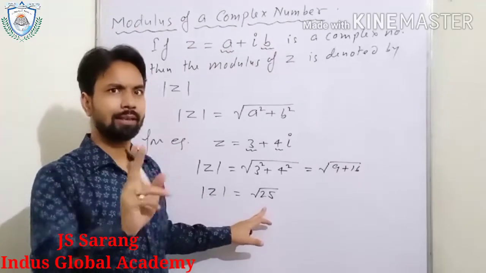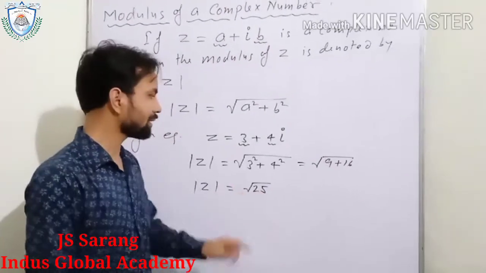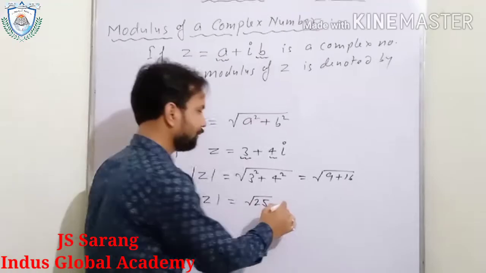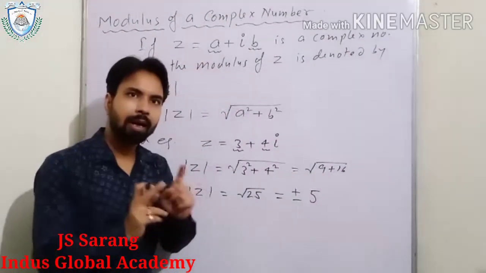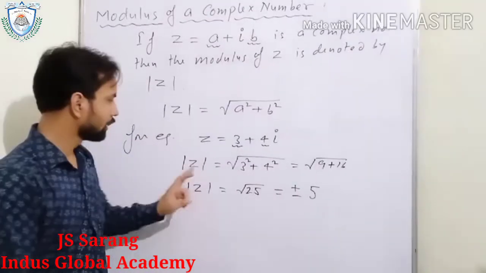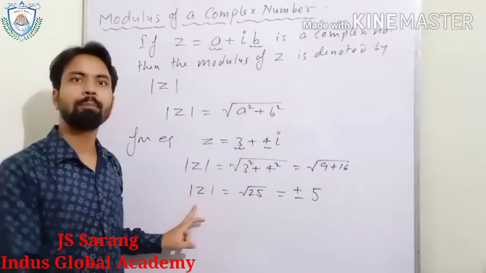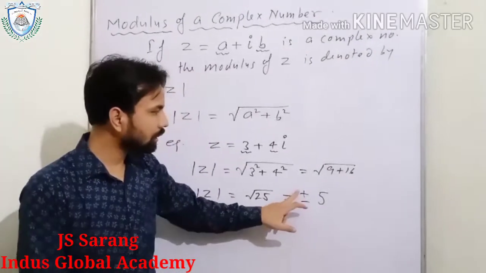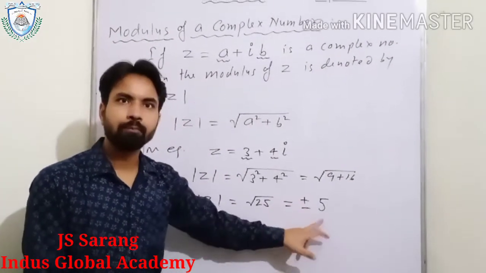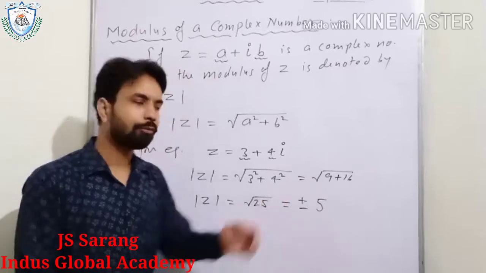absolutely correct. But there is some correction. You are saying the square root of 25 is plus minus 5. But I want to tell you the modulus of any complex number will be a positive value. So we will not write plus minus 5. This is only positive 5.